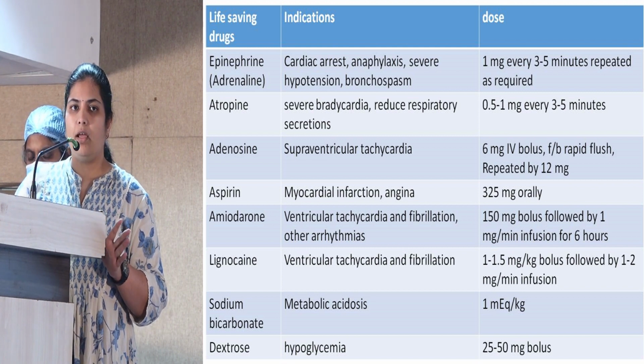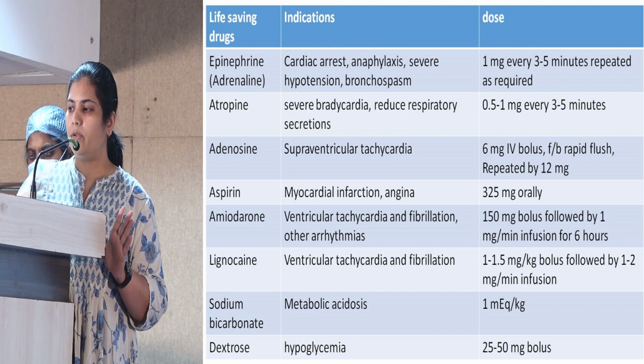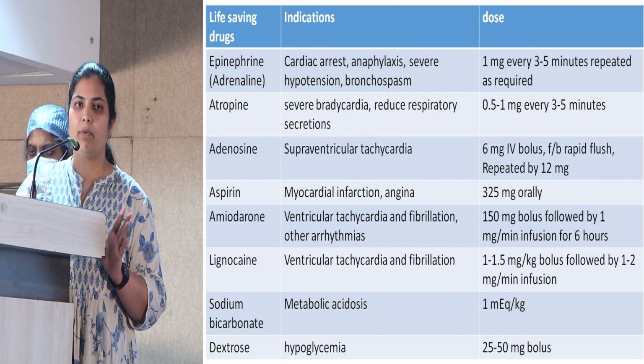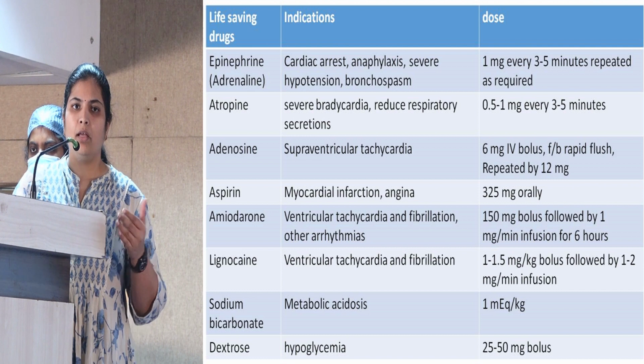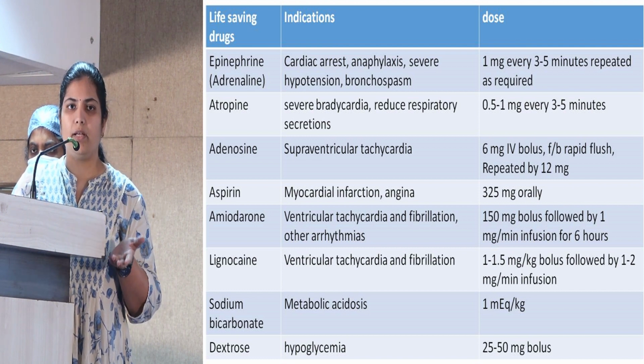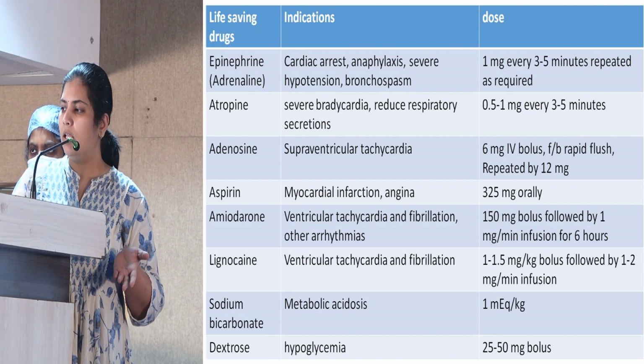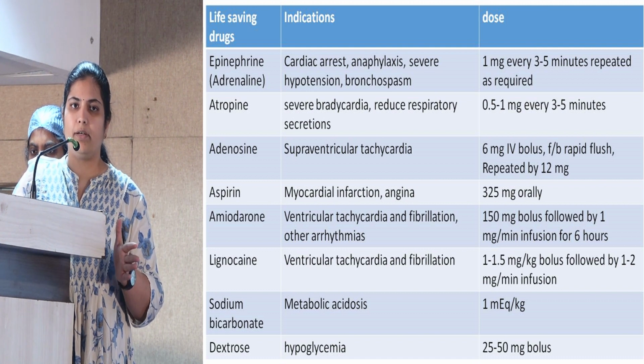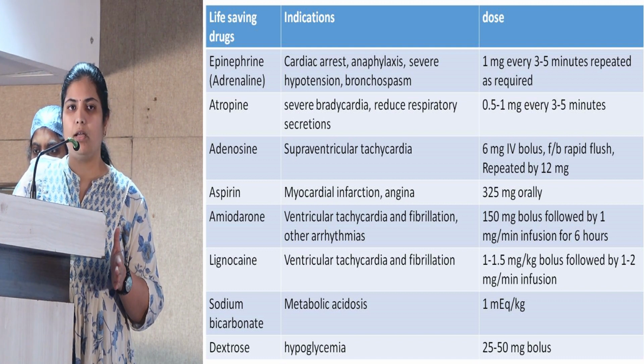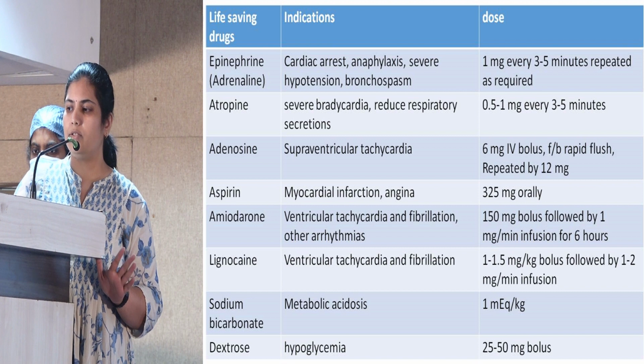And aspirin: an aspirin tablet is given when the patient is having angina or myocardial infarction detected in the ECG, where there are large ST elevations. A dose of 300 to 325 mg aspirin is given orally initially.